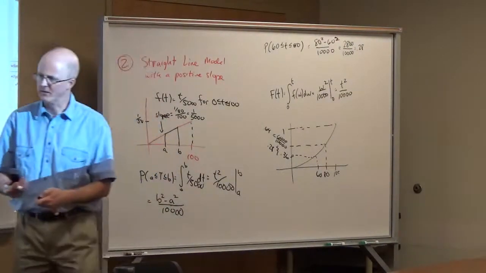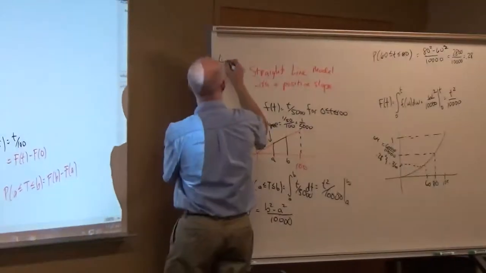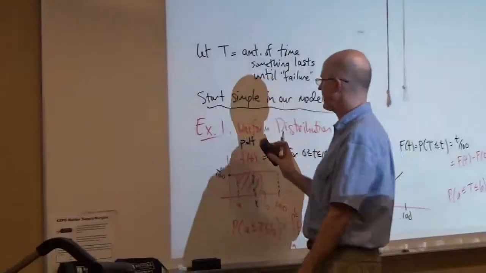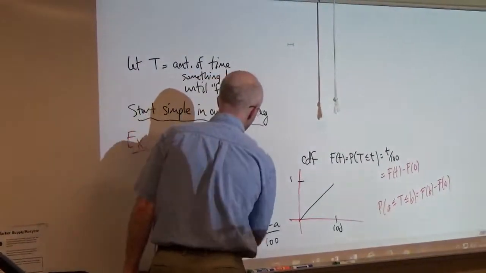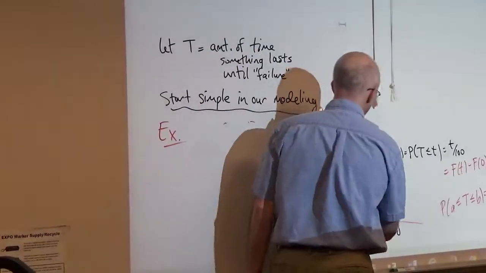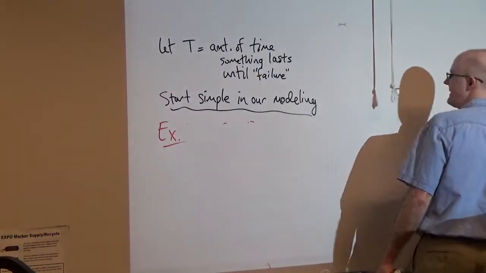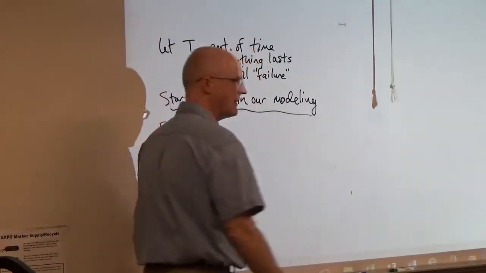What about the improper integrals? Well, that's for example 3. This was example 2. What about example 3? Technically speaking, people can't live to be an arbitrarily large age. So I'm going to show you the exponential model here again.